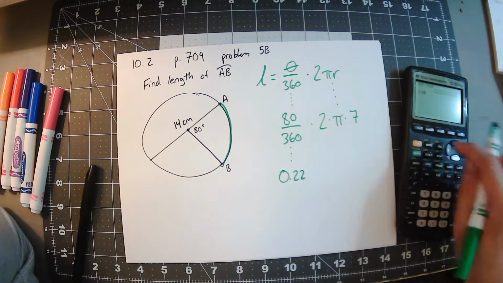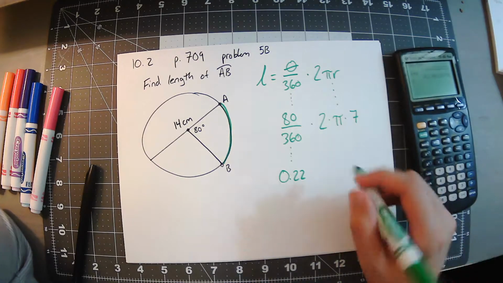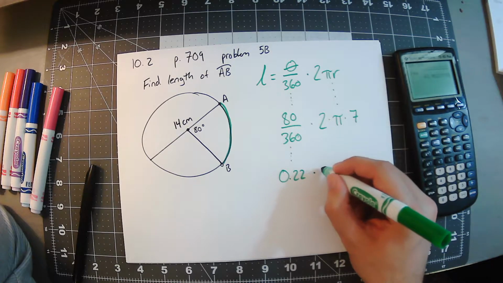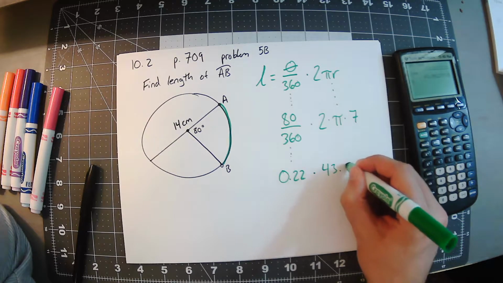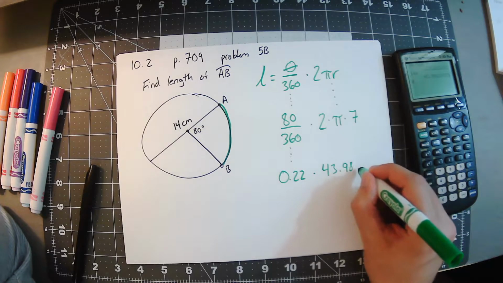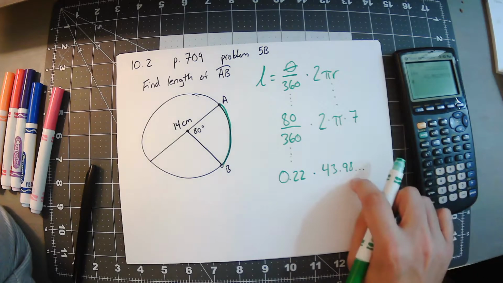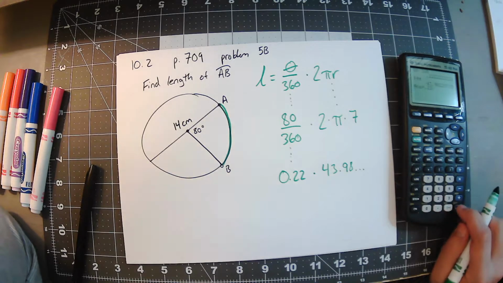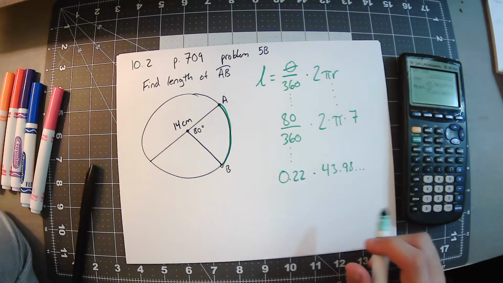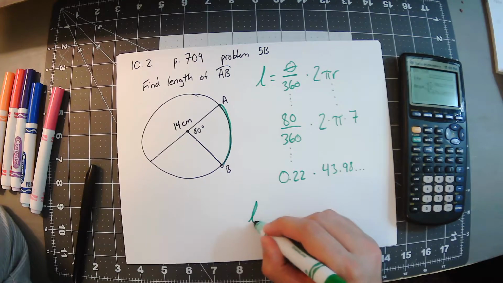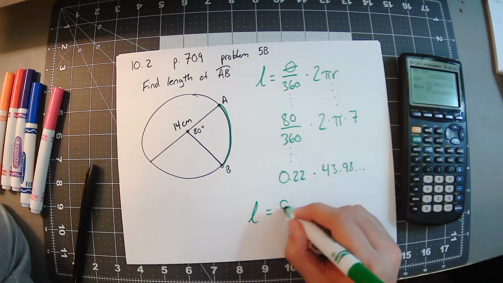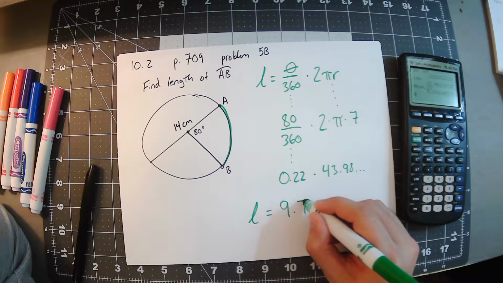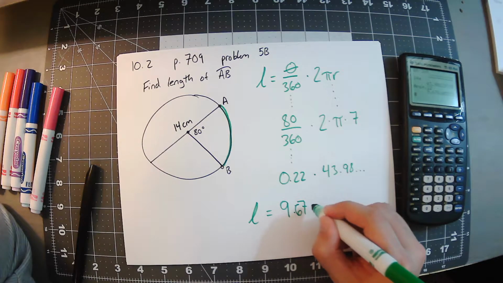I'm going to use the pi button on my calculator, and that's going to give me an exact answer. 43.98 and some decimals. I'm going to try to keep those in, so I'm going to multiply by 0.22. And I get the length of this equals 9.67 centimeters.